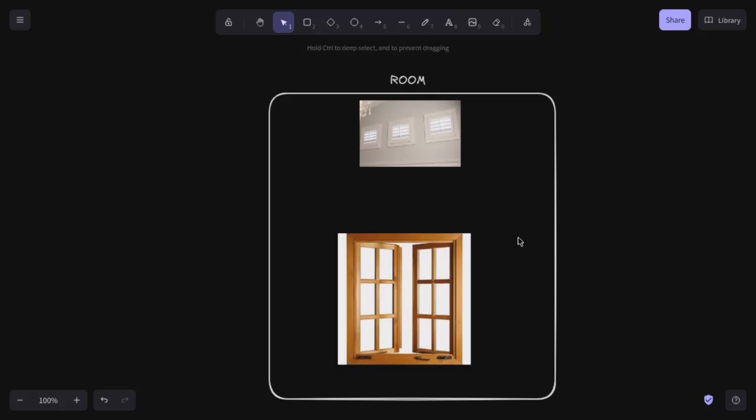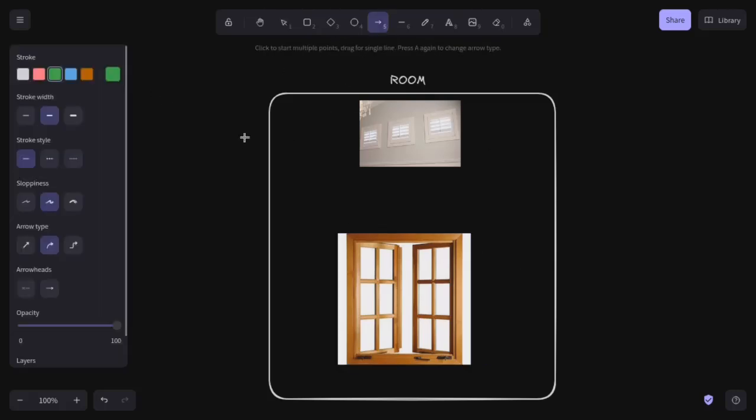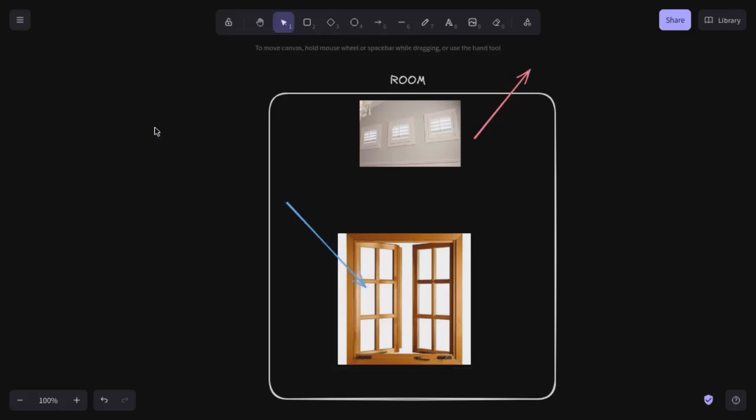We have both windows and vents. What these do is the vents let the hot air out from the room, and the windows let the cool air into the room. So this is how things actually happen in a room.